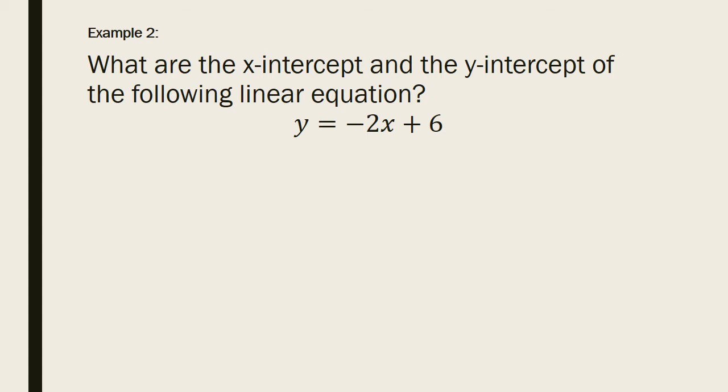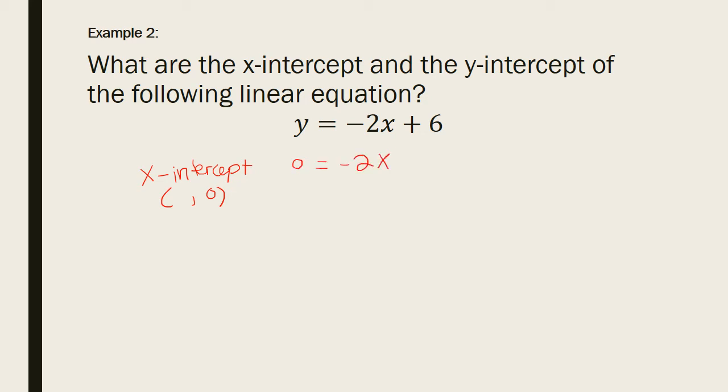Now let's take a look at example 2, where we are trying to find the x and the y intercepts for the linear equation that we are working with. So in this linear equation, I'm going to try to find the x-intercept first. So we know in the x-intercept, the y value is equal to 0. So that means to be able to find what the x-intercept is, I need to substitute y with 0.